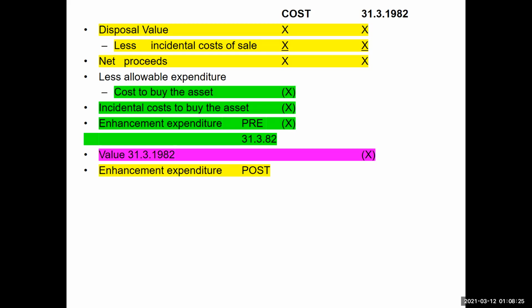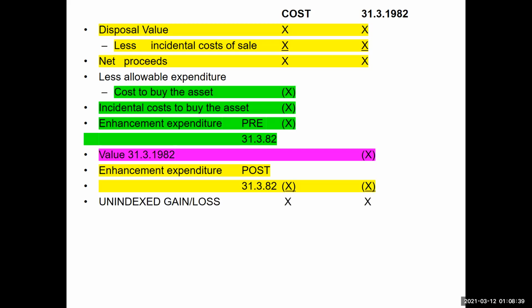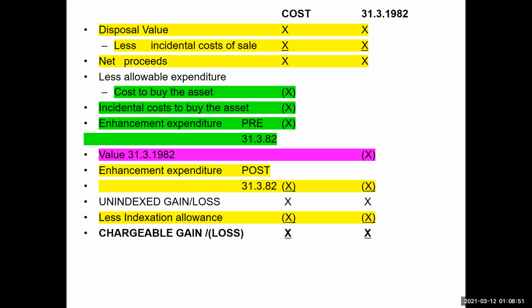We find post-1982 enhancement expenditure, which covers both legs, both the cost and the 1982 section. And then we get our unindexed gain or loss. We subtract our indexation allowance, which will typically be the same regardless of when we bought the asset. Then we get our net effect, either chargeable gain or loss.